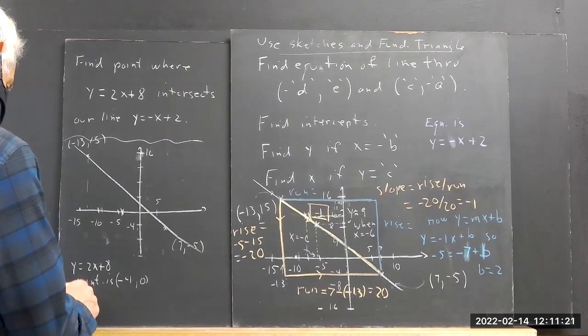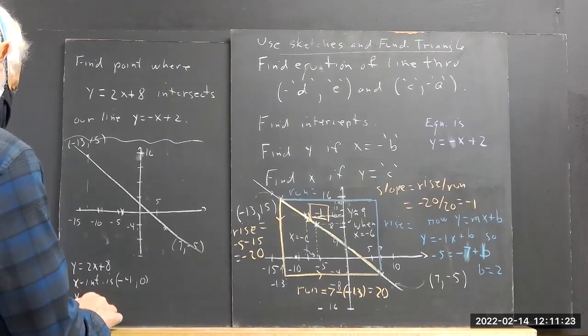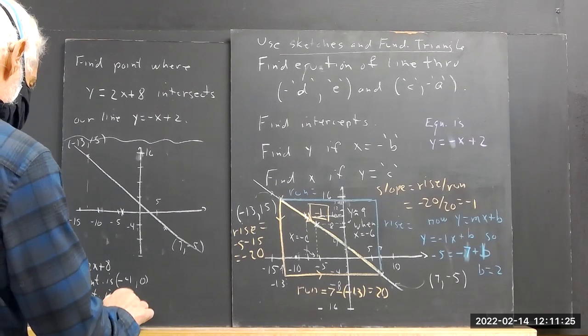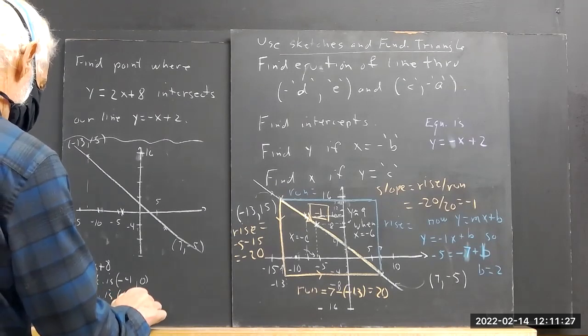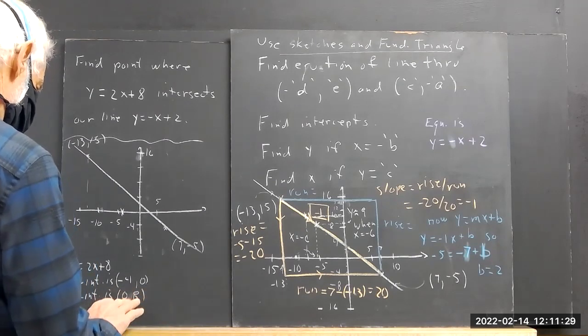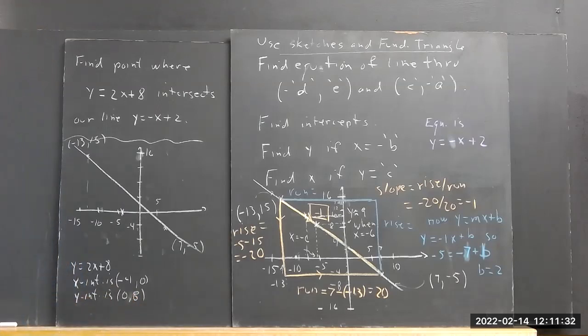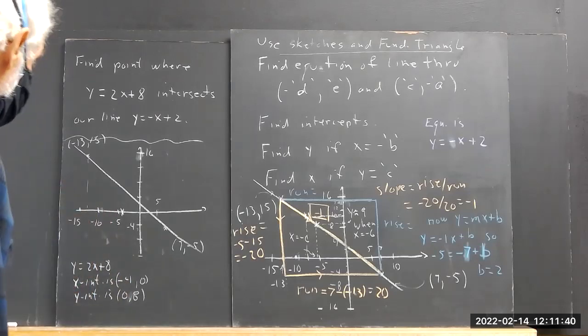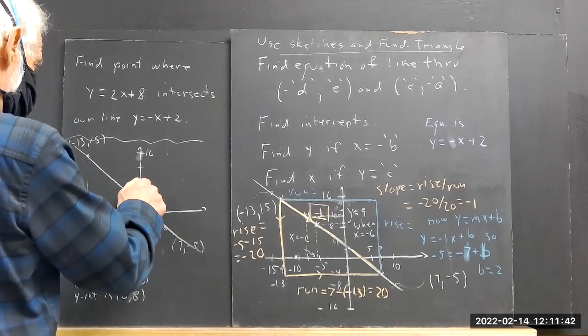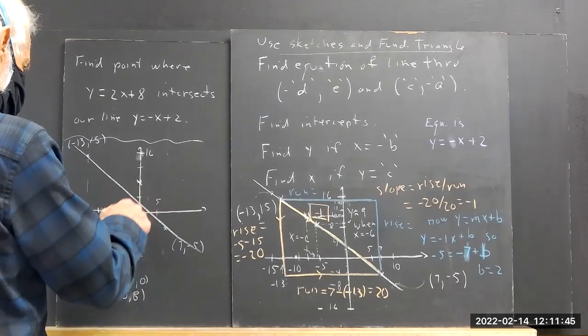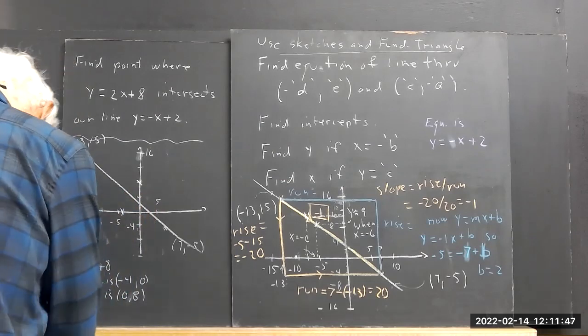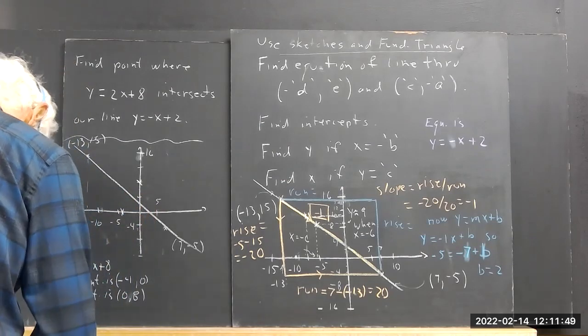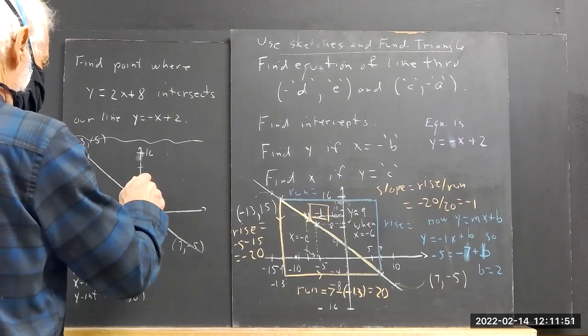And the y-intercept is 8. Just let y equal 0 and solve for x, you get negative 4. But if x equals 0, well, clearly then y is going to equal 8. Okay, well, there's 16, here's 8. And here is negative 4. So let's draw this graph in green.